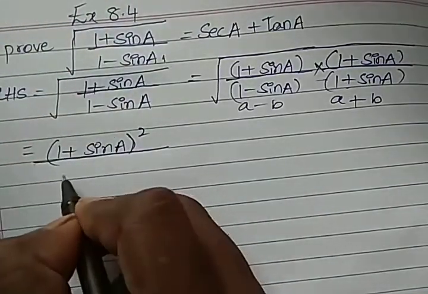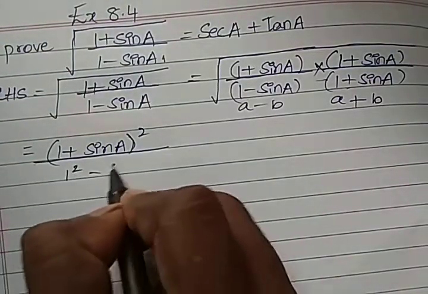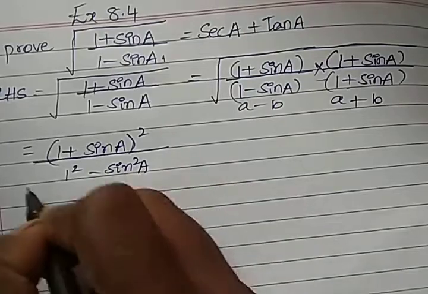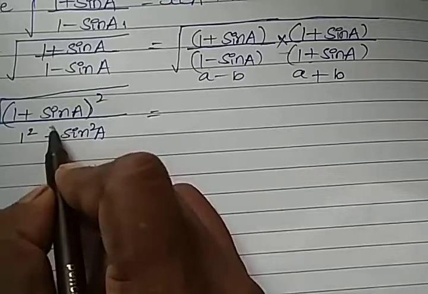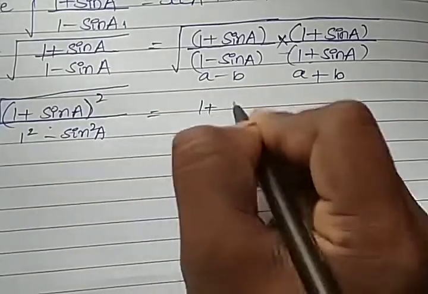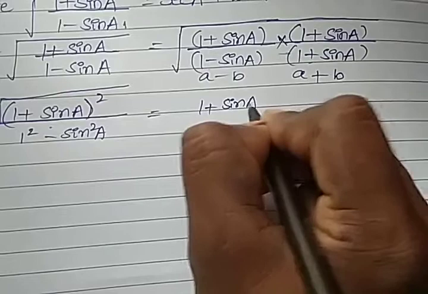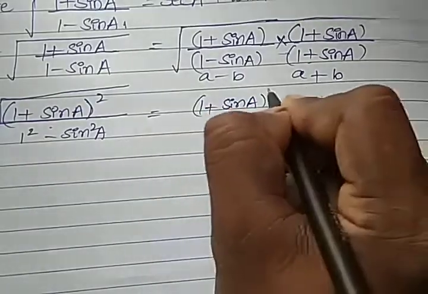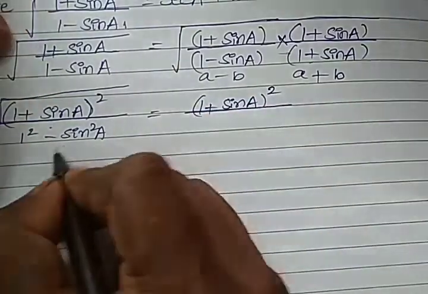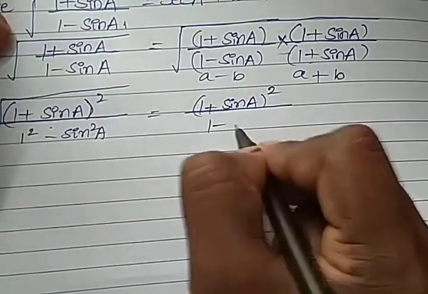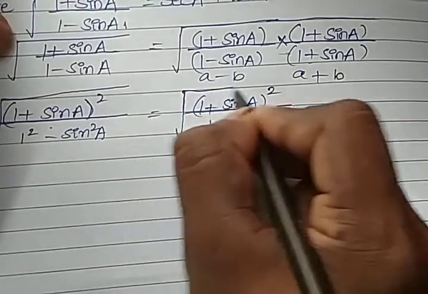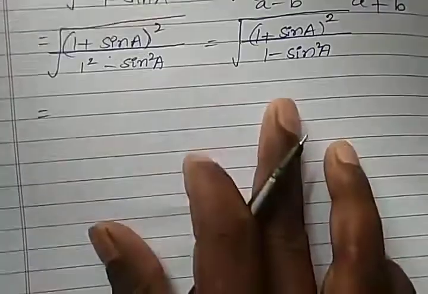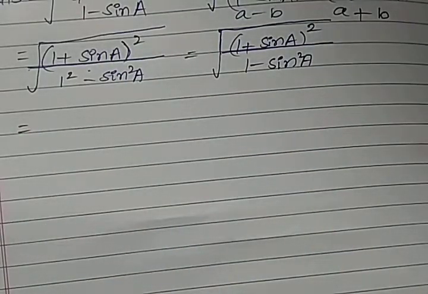So here we can write it as 1 square minus sin square a under root is equal to, now this you can write as it is, 1 plus sin a whole square by, this is 1 square, so we can write it as 1 minus sin square a, square root, which is again equal to, we require secant a plus tan a, right?